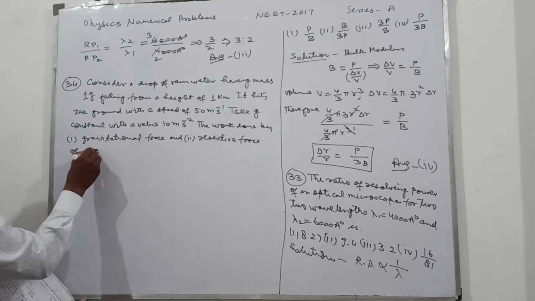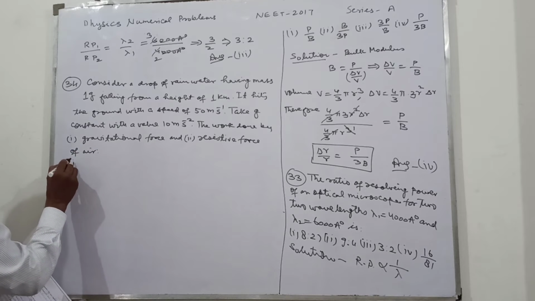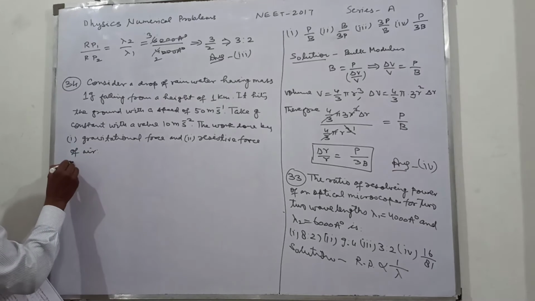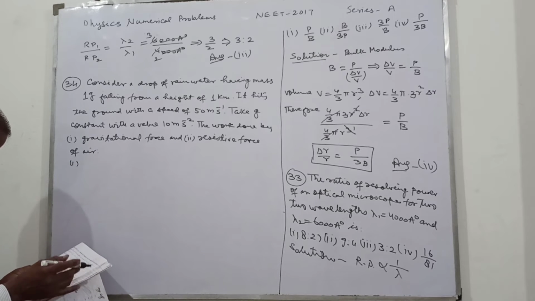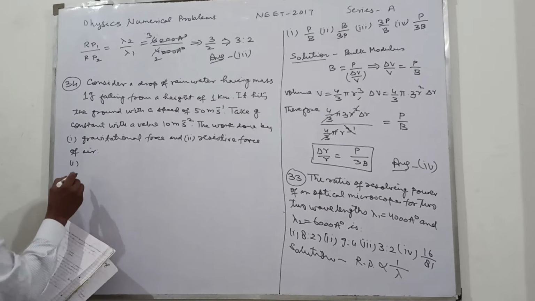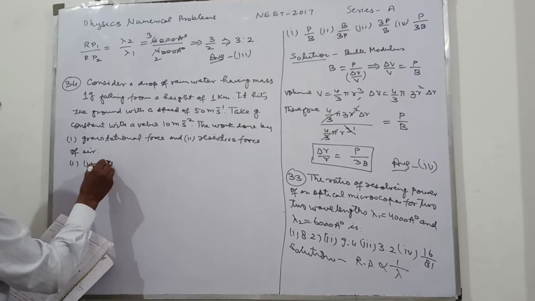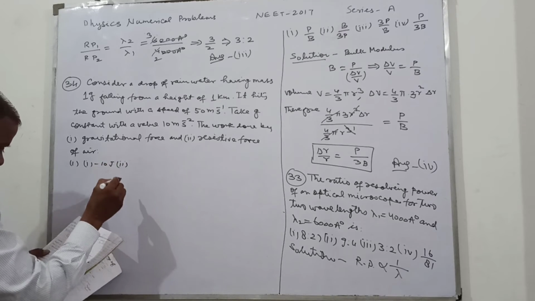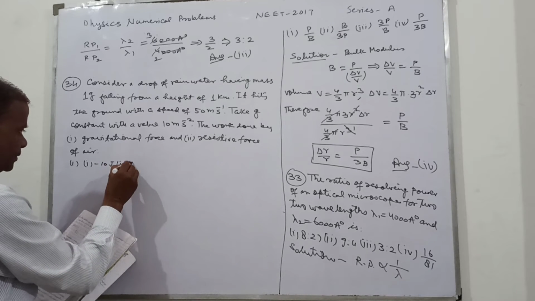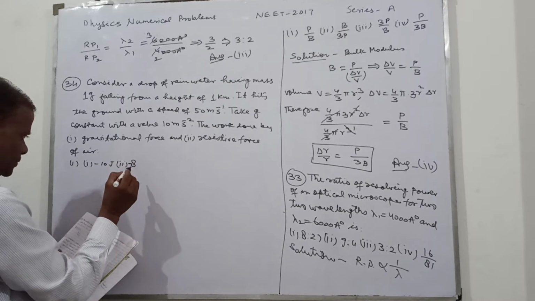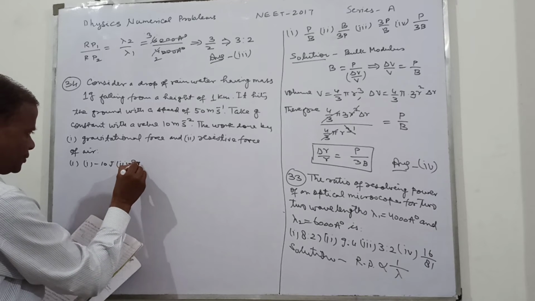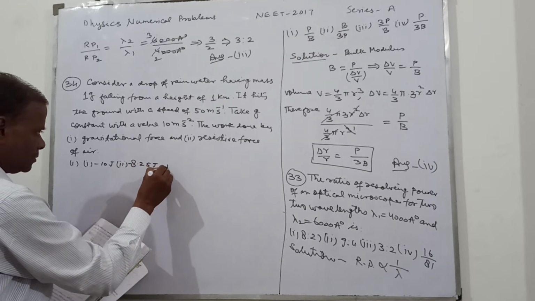Now the options are given here. Now your first option is: first this is equal to minus 10 joule, second is minus 8.25 joule.